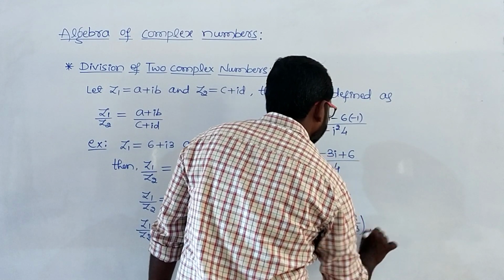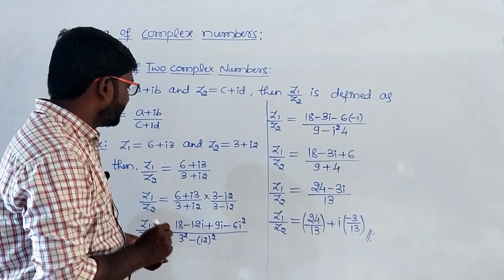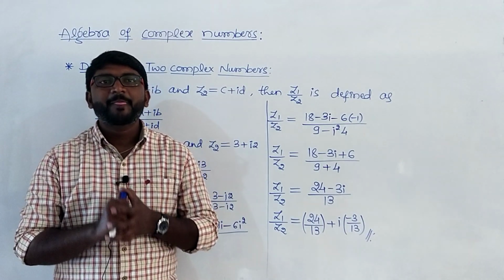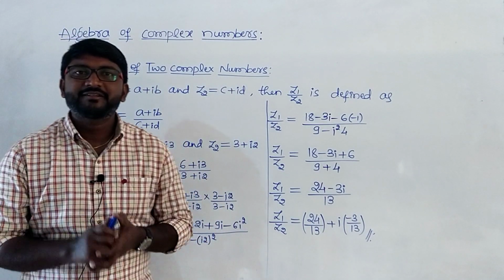So this is all about the division of that any two complex numbers. So with this we have completed the algebra of complex numbers.